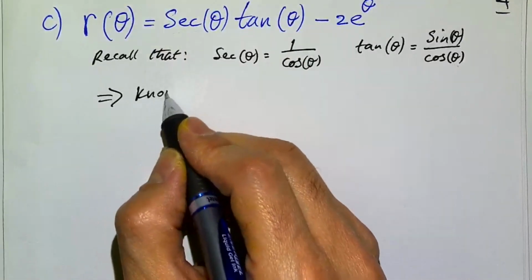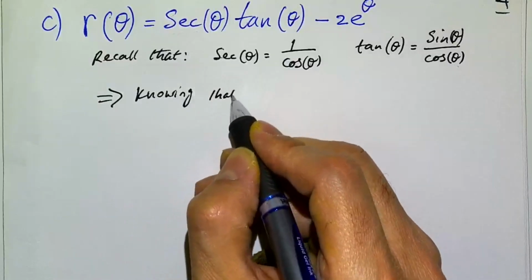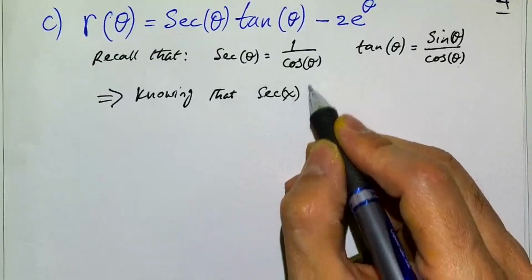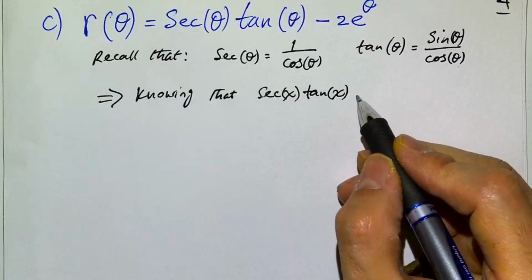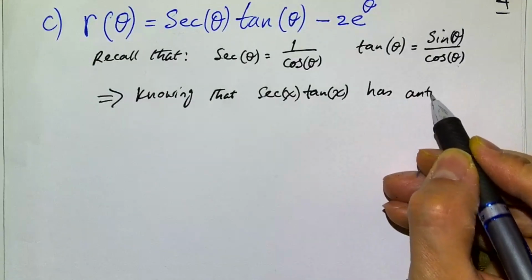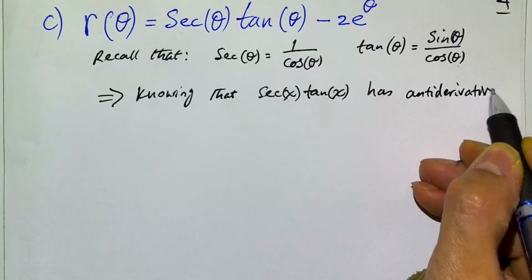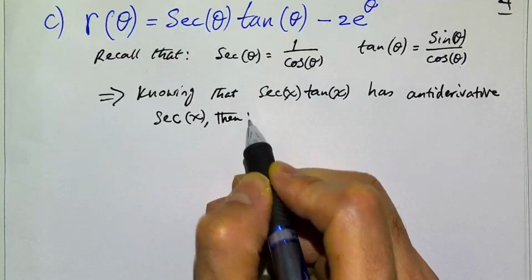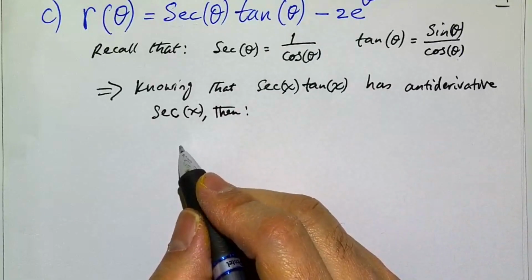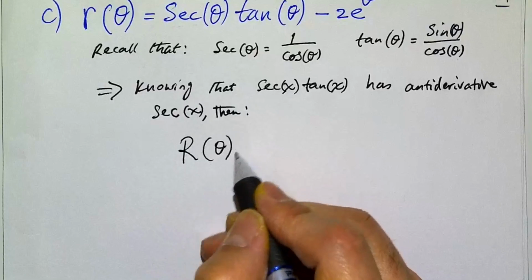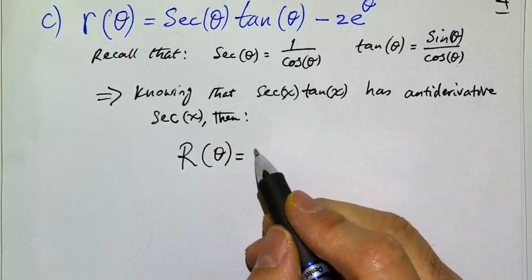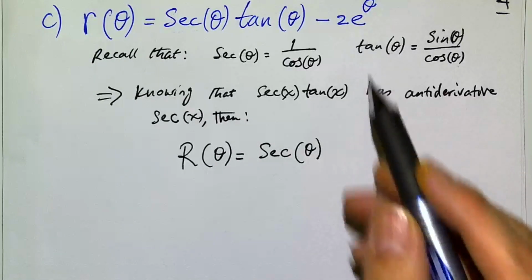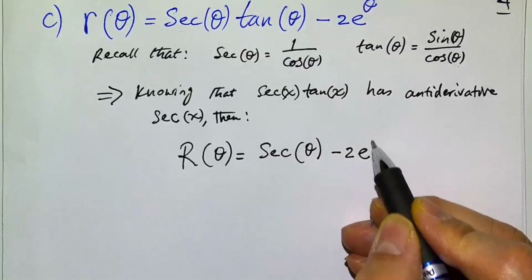Knowing that secant x tangent x, which is what I just showed you in that table, has antiderivative secant of x, then we can simply write, let's put capital R of theta equal to secant of theta, and then it's really easy to find the antiderivative for minus 2 times e to the theta.